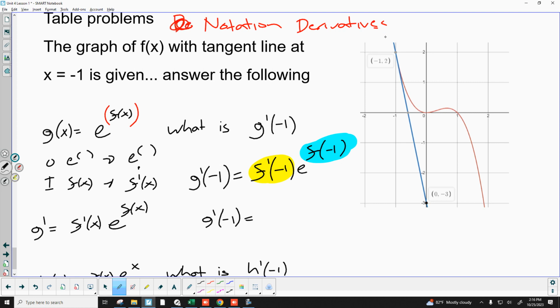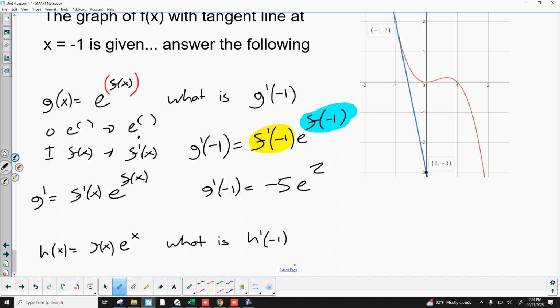The slope of that tangent line is f prime, that's negative 5. The y value that they share is f. We get negative 5e squared. The slope of this line is negative 5, down 5 over 1.